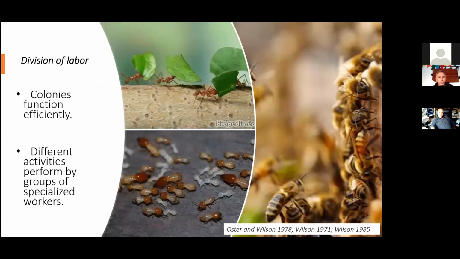So, as you might know, division of labor is a feature of social efficiency. Division of labor enables different activities to be performed simultaneously by a group of specialized individuals of the working castes.